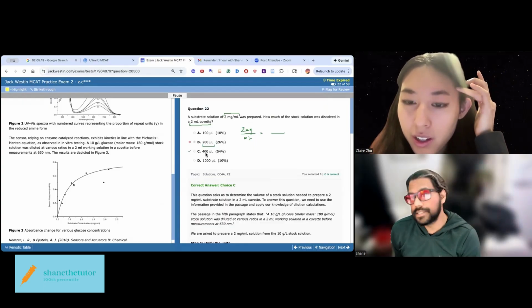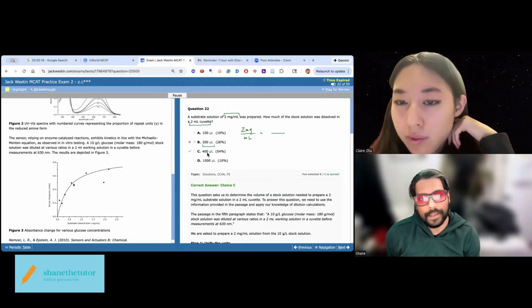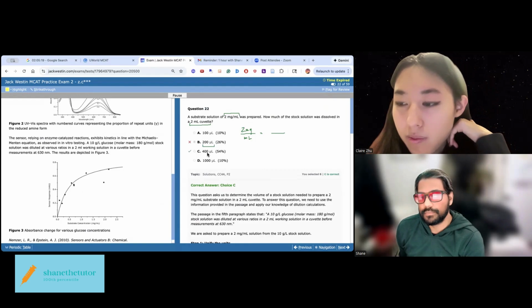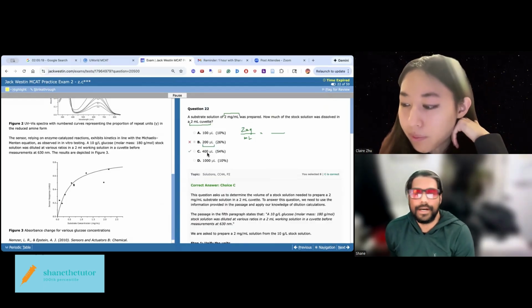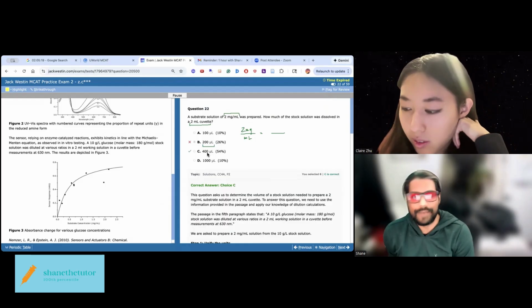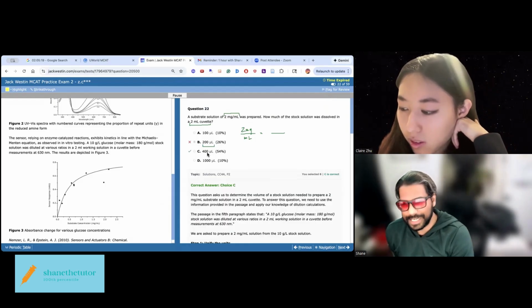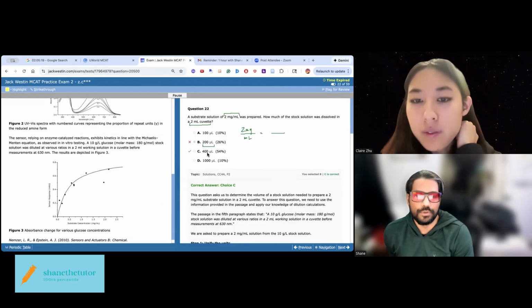In this case, since all the units are the same, we still want to be able to pay attention to units, but since they're the same, you don't have to as much. But the earlier calculation that I did is something that you would be able to do.